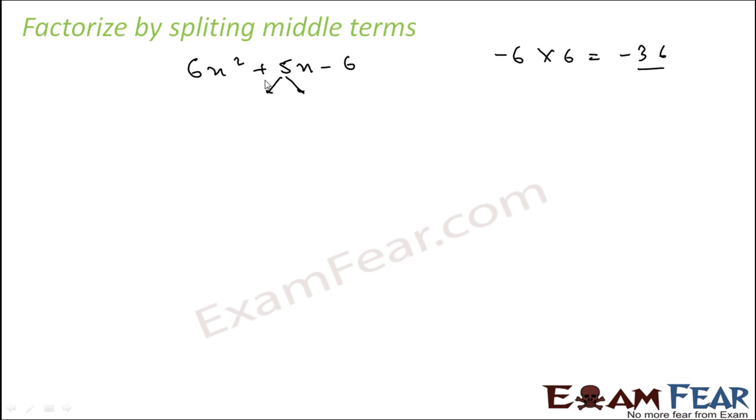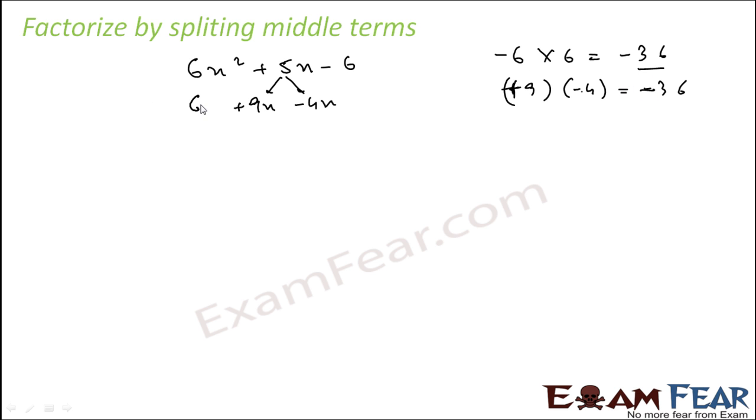So what I'll do is I'll break 5x into plus 9x minus 4x, right? So plus 9 into minus 4 is equal to minus 36. Please take care of the signs. Plus 9 minus 4, minus 36, and this is what we are looking for.